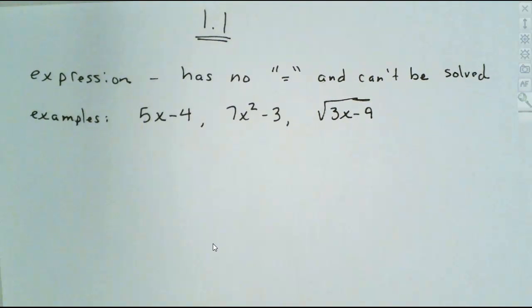Now with an expression, we cannot solve it for a variable. We can't solve it. We might be able to combine like terms together, but an expression has no equal sign.